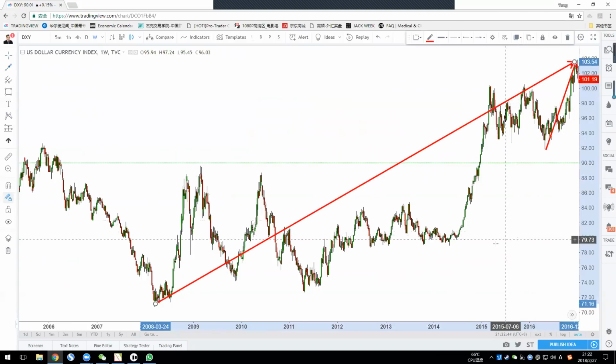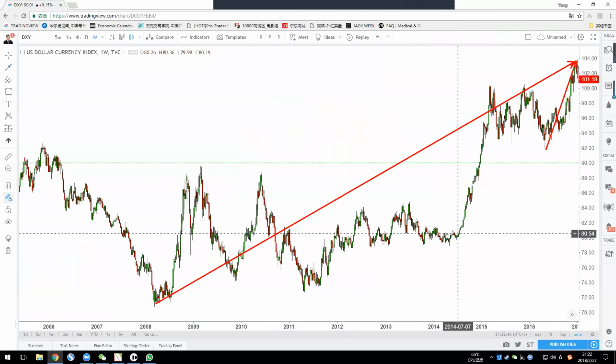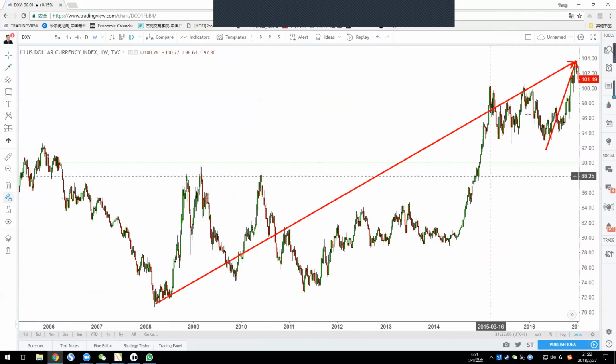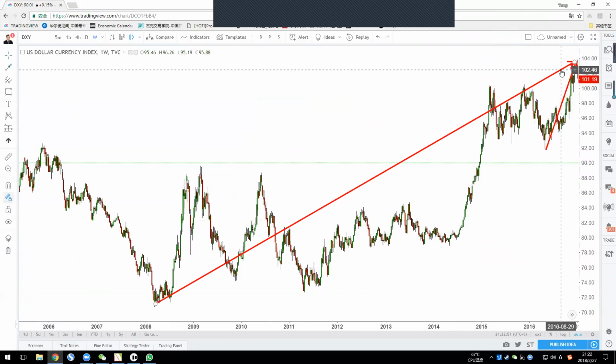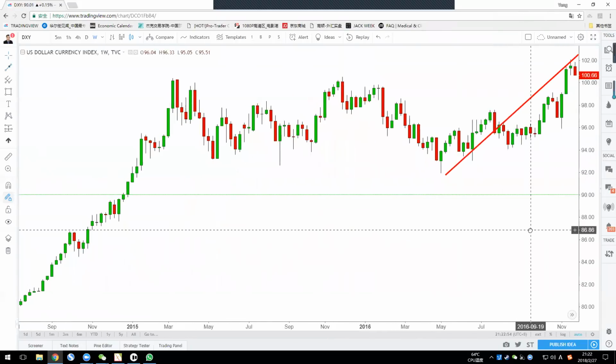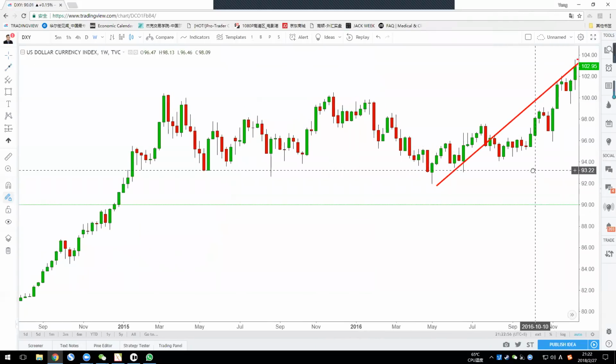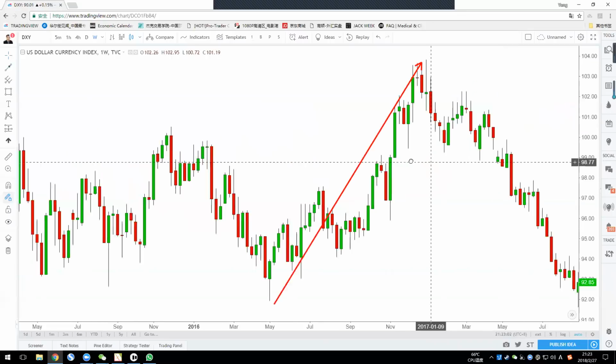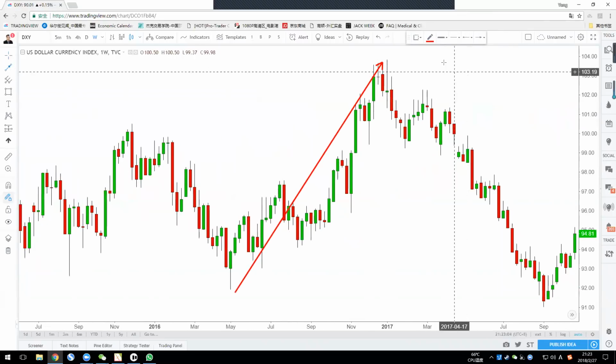I should have bought from here, here, or here. If I bought from here, I would already have made a lot of money. Since the price is still going up, it's never too late to buy, and then he buys it here. After he buys, he finds, oh my God, the price reversed.